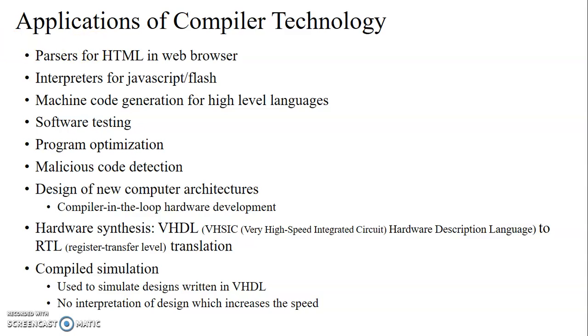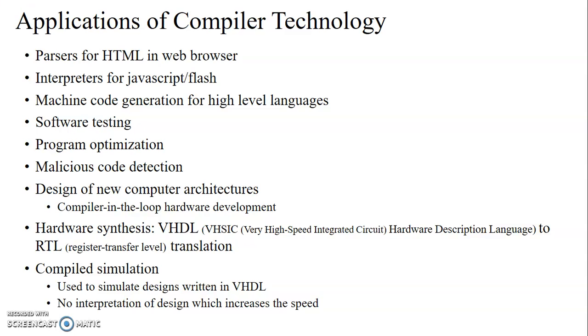Then program optimization, in the sense, reduces the number of lines during compilation. So there we also use compiler technology to optimize the developed program. It is also used in malicious code detection. Malicious code detection, in the sense, anonymous code or anonymous programs which are developed are detected by compiler technology during compilation.